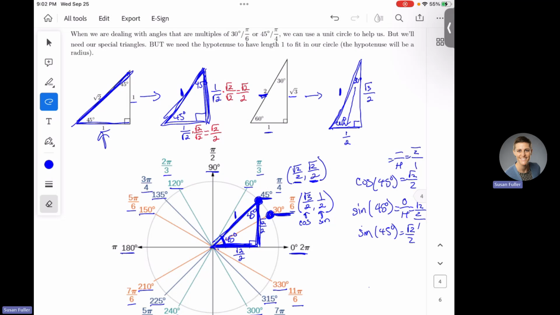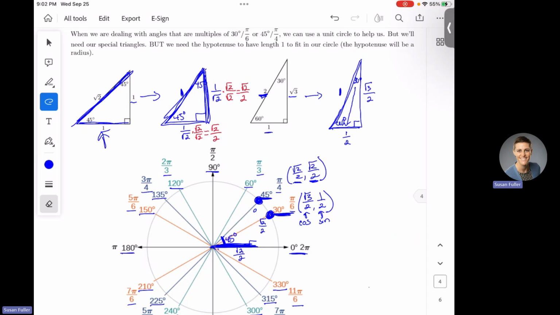Okay, so you could continue to do this, and you can put your triangles in here. I'll do 60 degrees again, just so that you can see it, because this is something that we're going to be using a lot. If I want the ordered pair here at 60 degrees, I'm going to drop my altitude down. This reference angle here is 60 degrees.